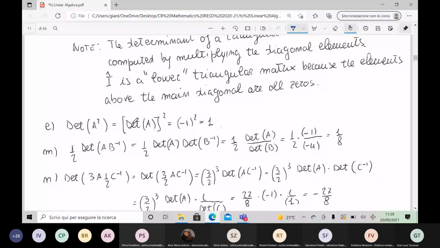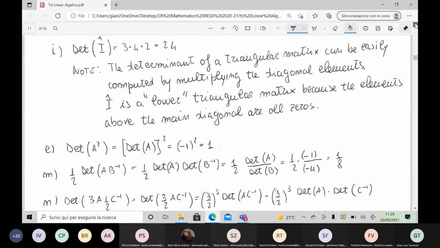Then I asked you to compute what? 1 over 2 times the determinant of A times B minus 1. A is a 3 times 3 matrix, B to the minus 1 is a 3 times 3 matrix. The determinant of B has been computed before, and it was minus 1 times 4, so minus 4.